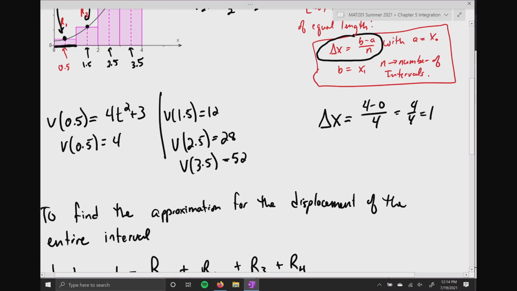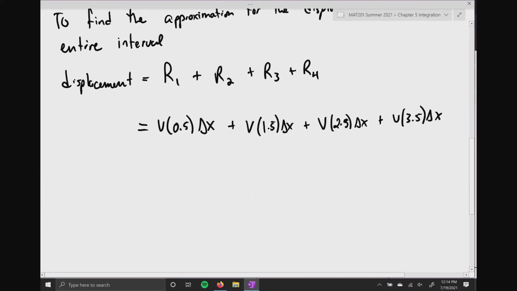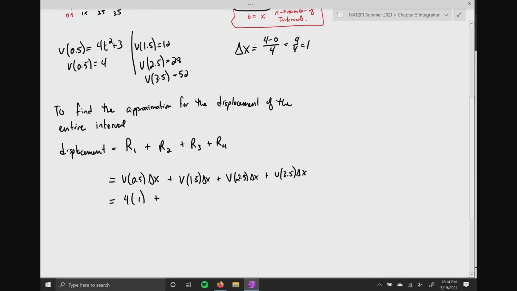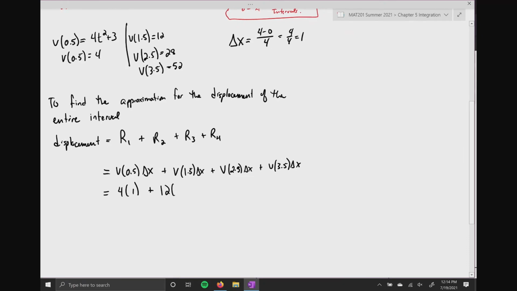So what I'm going to have to do here is take V of 0.5, which is 4 times 1, plus V of 1.5, if I just scroll up again, remember that was 12. So this is 12 times 1, plus V of 2.5 is 28 times 1, plus V of 3.5 is 52 times 1.